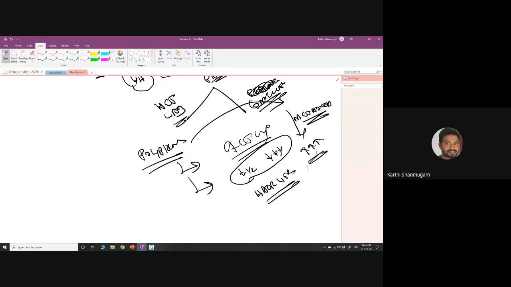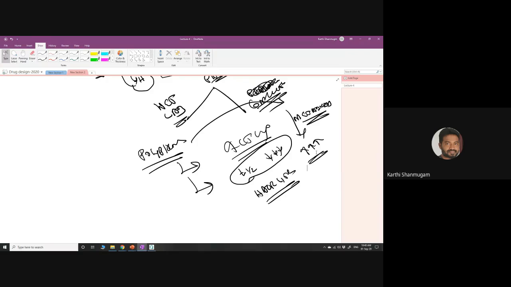One more question. Do these modifications, the simplification, rigidification and other modifications, cause any side effects? It may cause or it may not cause. But whenever we make a replacement, it's not a trial and error method. It's a very scientific procedure. As medicinal chemists, we know which functional groups will cause toxicity, so while making the modification we won't prefer those functional groups.